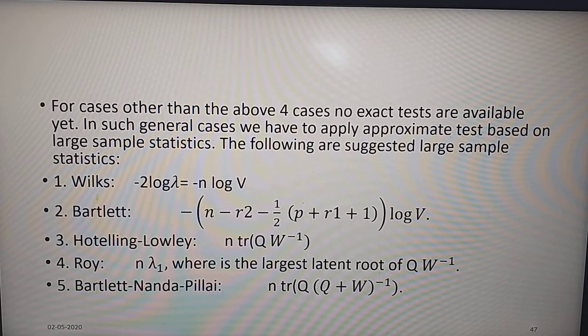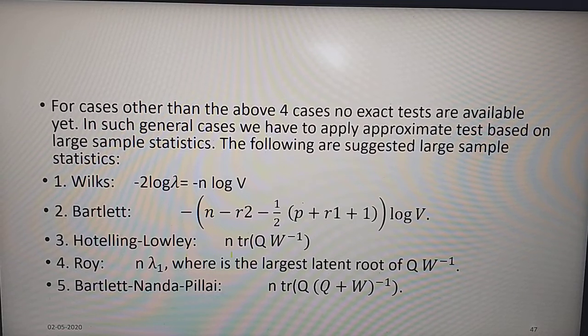Number one is by Wilks, minus 2 log lambda is equal to minus n log B. We know B. This minus 2 log lambda is Wilks statistic. Number two is suggested by Bartlett. Here these are all constants; log of B is a statistic.